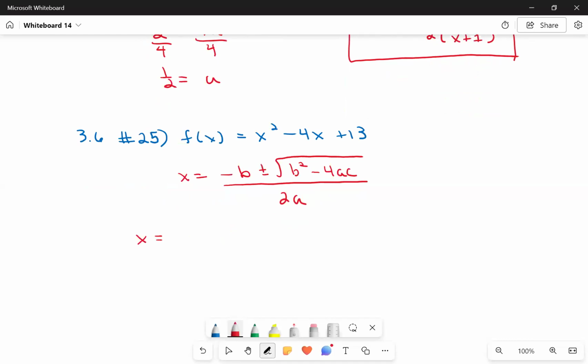So x equals what? 4, plus or minus the square root of negative 4 squared, good, minus 4 times 13, good, all over... well done.